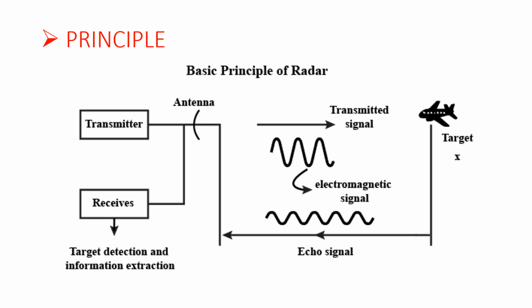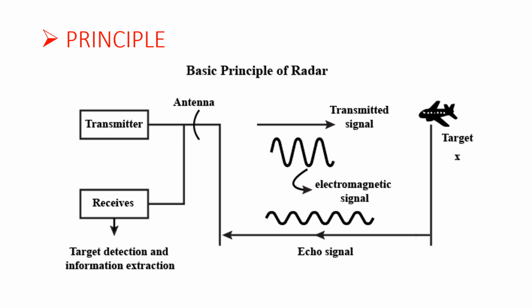So what is the principle of radar? Radar operates based on a simple principle, which includes transmission of electromagnetic waves which travel through space, interact with the target, and reflect back. The process begins with the transmitter generating the waves.